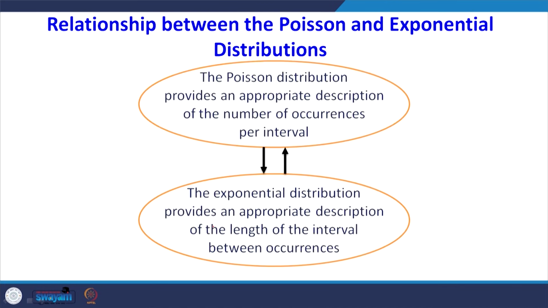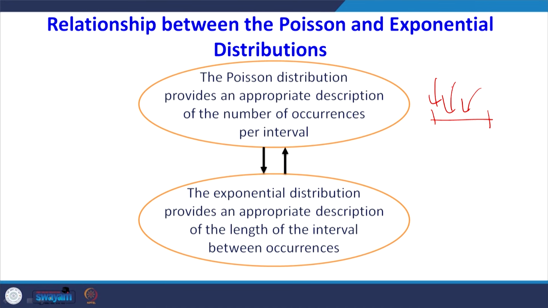Now, there is a very important relationship between Poisson and exponential distribution. The Poisson distribution provides an appropriate description of the number of occurrences per interval. So, in one interval, how many occurrences have happened, that is the Poisson distribution.